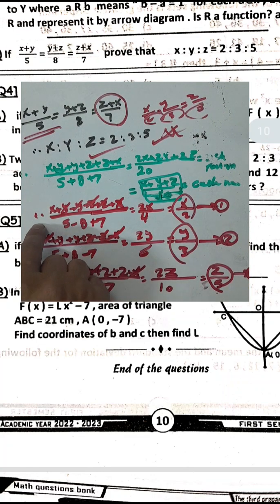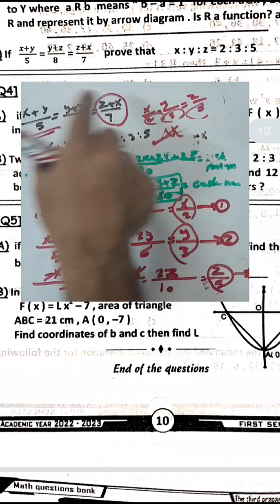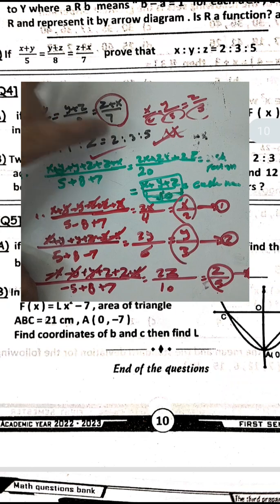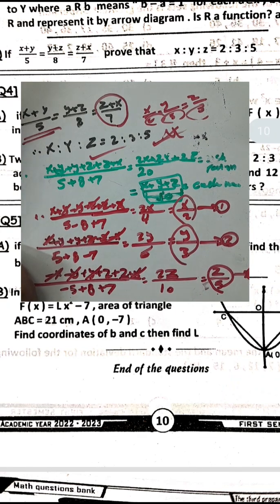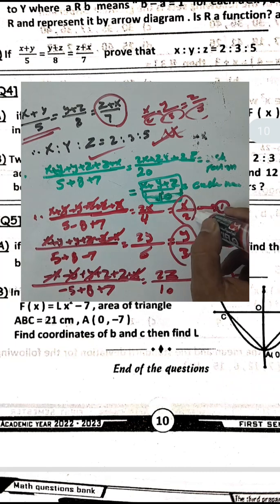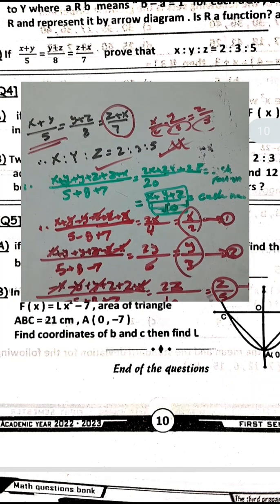We used the first proportional, second proportional, third proportional: multiply by -1 the third and add the result to the first and second, and then multiply the second by -1 and add the result to the second ratio and third ratio, and then multiply the second ratio by -1 and add the result to the first proportional and third proportional. Then we can find x over 2 and y over 3 and z over 5 are equal. Then we prove that by using these properties.